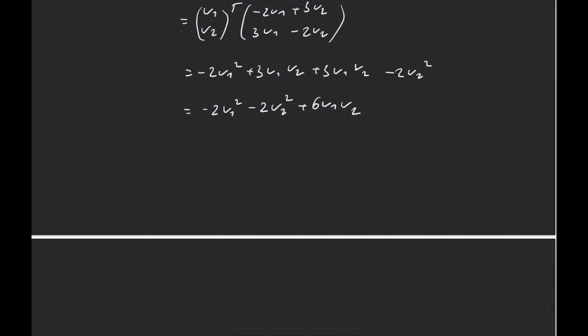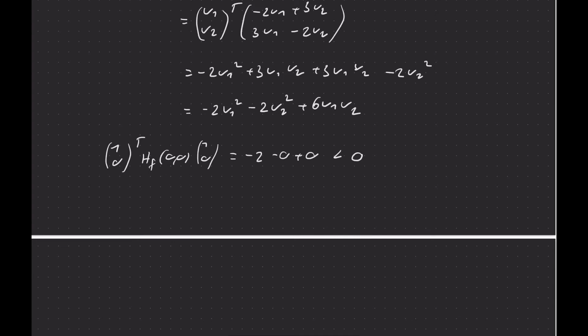Let's start with a simple example first. Let's check the vector 1, 0. So 1, 0 transposed HF of 0, 0 times 1, 0. That means V2 is 0, V1 is 1, so we get -2 minus 0 plus 0. That's obviously negative. Now, can we also get a positive expression?